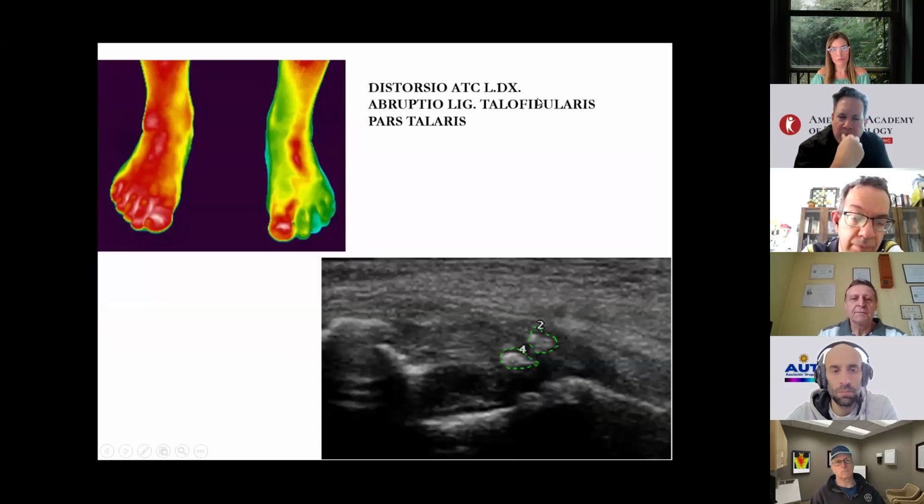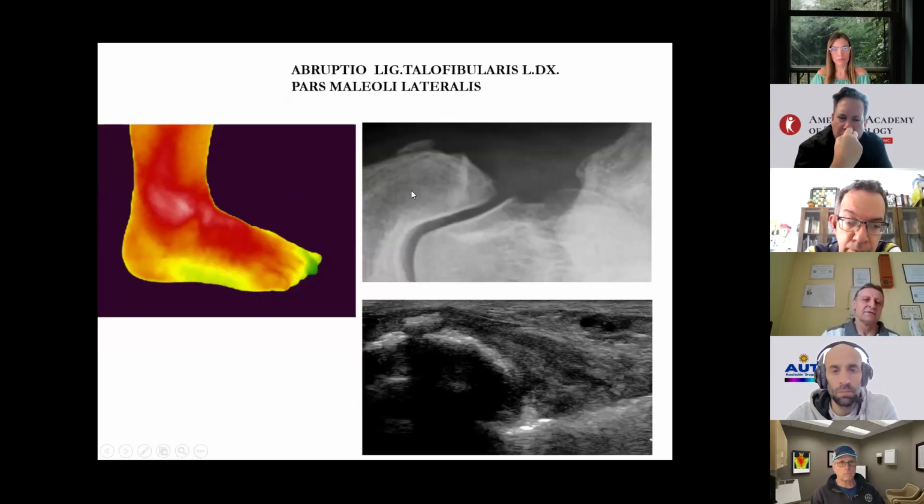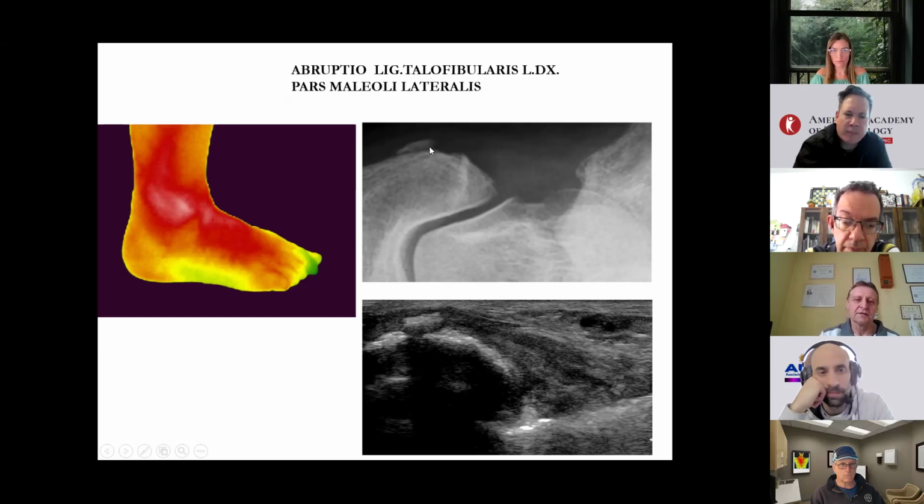Here we can see distorsio articulationis talocruralis with periosteal avulsion of the insertion of ligamentum talofibulare on the part of the malleolus lateralis on X-ray and also on sonography. And on thermography, we can see increased temperature activity on the affected site.